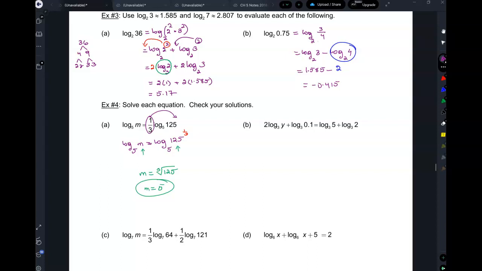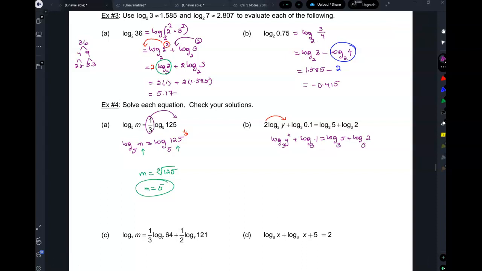So we're going to go backwards now, right? Remember how the coefficients can become exponents? Okay, this will be log base 3 of y squared plus log base 3 of 0.1 equal to log base 3 of 5 plus log base 3 of 2.